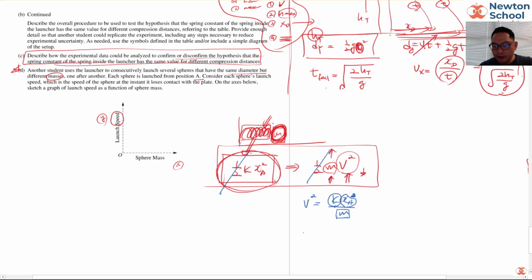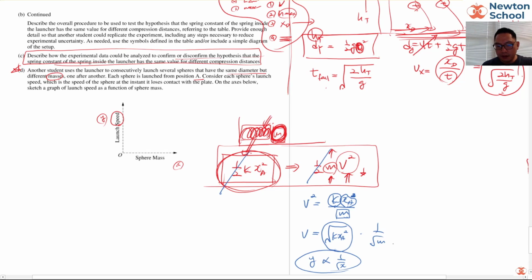Okay, so you have v equals the square root of, I'll just write in front, square root of k x_A squared, but remember this is constant, times 1 over radical m. Okay, so it's like y is proportional to something like 1 over radical x.